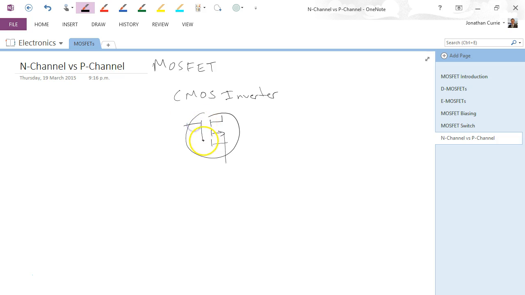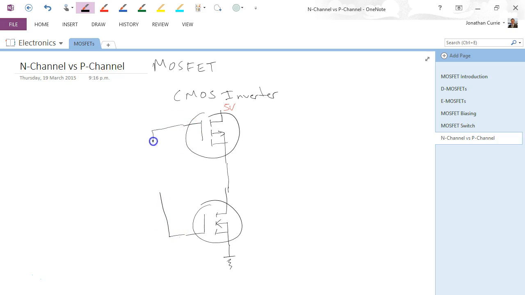So I'm going to have my P-channel FET up here, noting the direction of the arrow. This is an E MOSFET, and it's going to be connected to 5 volts. And I'm going to connect that with my N-channel MOSFET down below, which I'm going to then connect to ground.